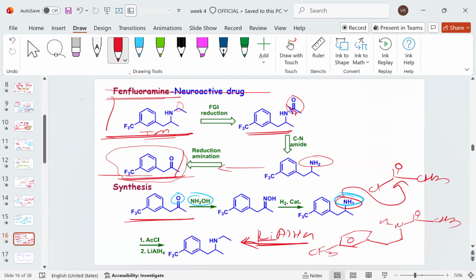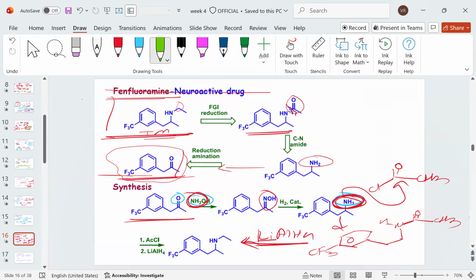So the first step was simple imine formation from this ketone. It formed this imine, then reduction of this imine to amine gives the NH2. Then the next step is the acetylation of this amine, which is basically acetyl protection of this nitrogen. Now it forms the amide, so this functional group is an amide.